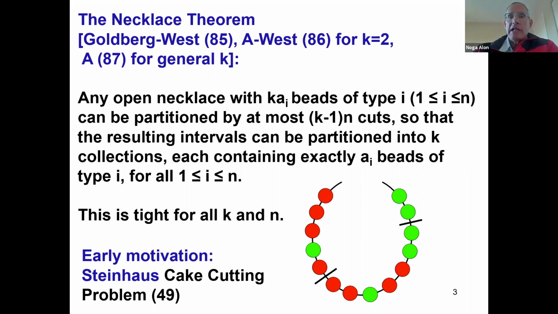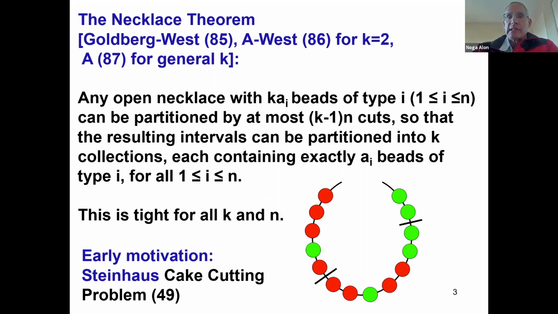One way to think about it, and this is the way to remember what it says, is that we have a group of k thieves, and they stole together a necklace, and they now want to split it fairly among them.